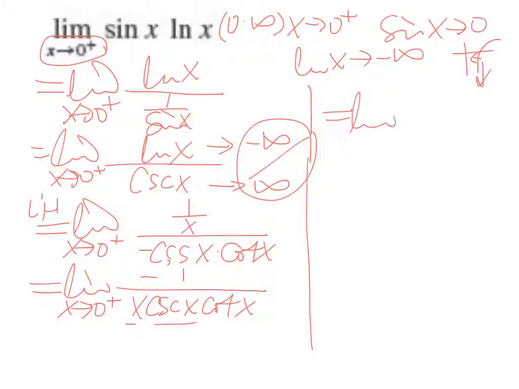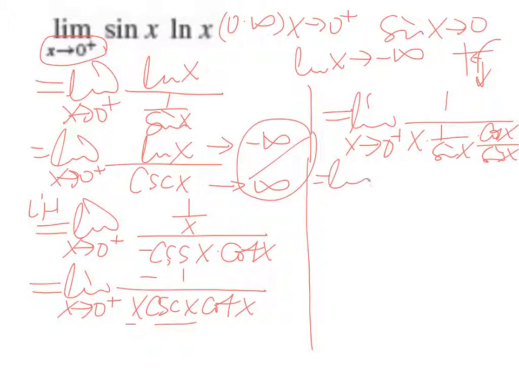So I am going to change all functions in terms of a sine and a cosine. So I have x times 1 over sine of x and a cosine of x over sine of x. Or as x goes to 0 from positive side, I have a sine square.